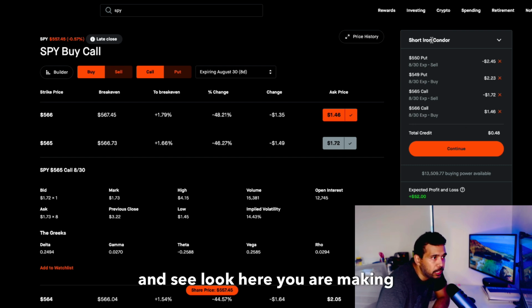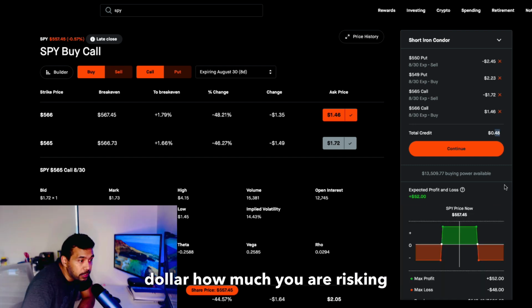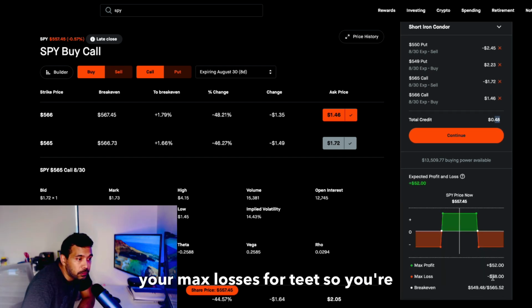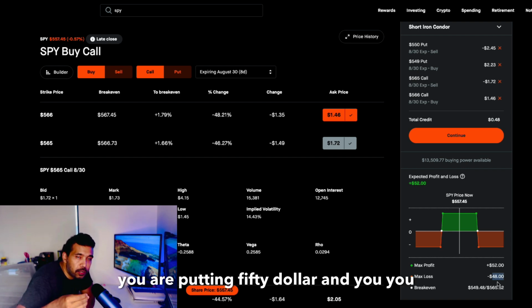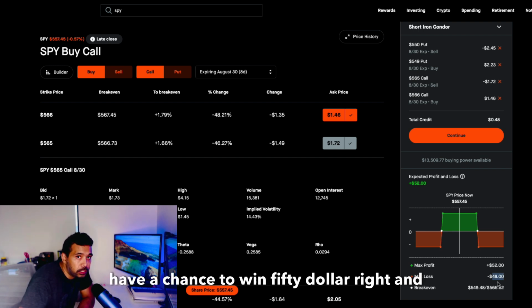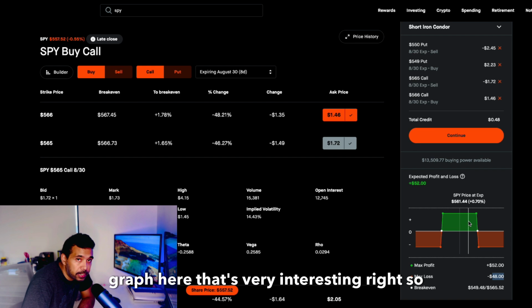And see, look here, you are making $48, and how much are you risking? Your max loss is 48. So you are basically putting up $50, and you have a chance to win $50, right? And you have a wide range here. Now look at the graph. That's very interesting, right?